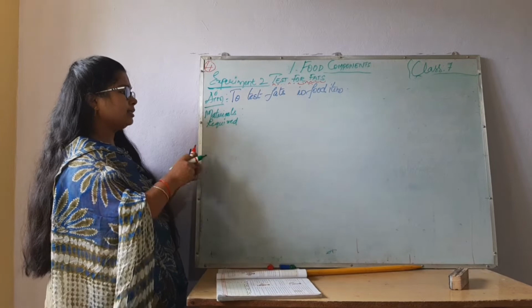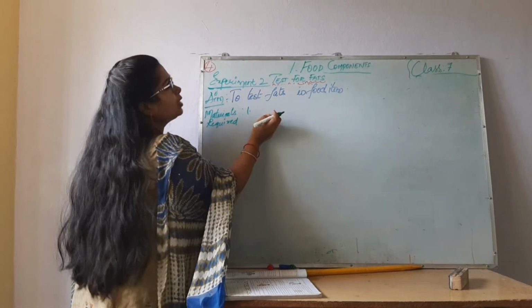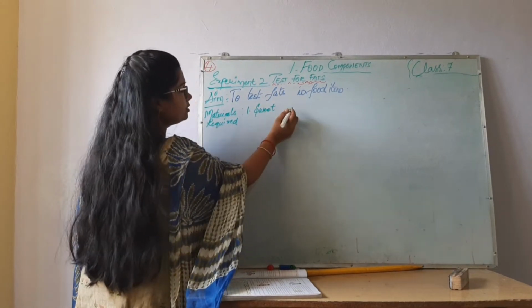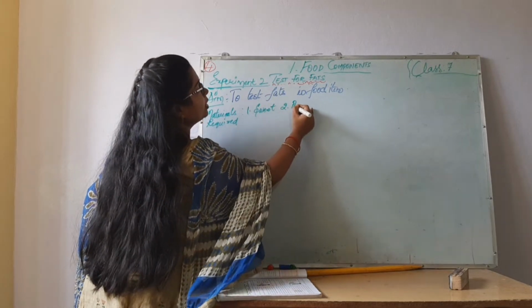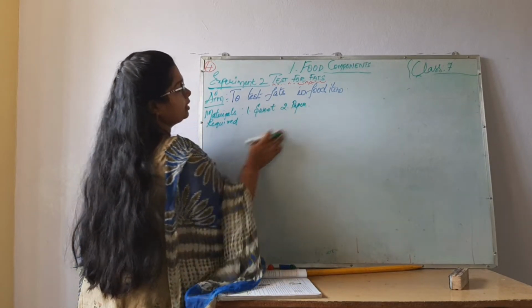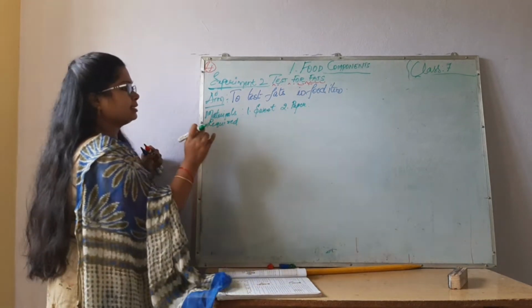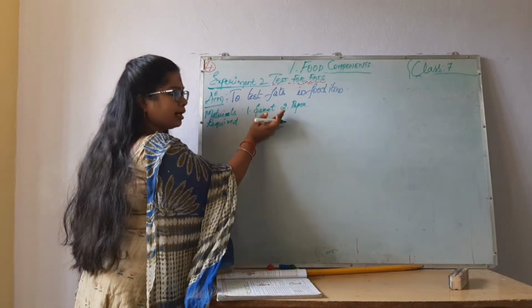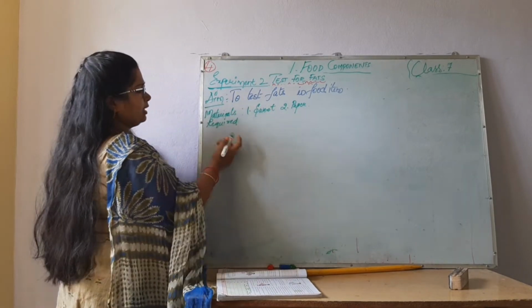Let's take potato chips, or a sweet, any sweet you take, to test whether it contains fat or not. And the second one, a paper you are supposed to take, and that's it. A sweet and a paper. A sweet or chips or your cheesy things, whatever you can take.